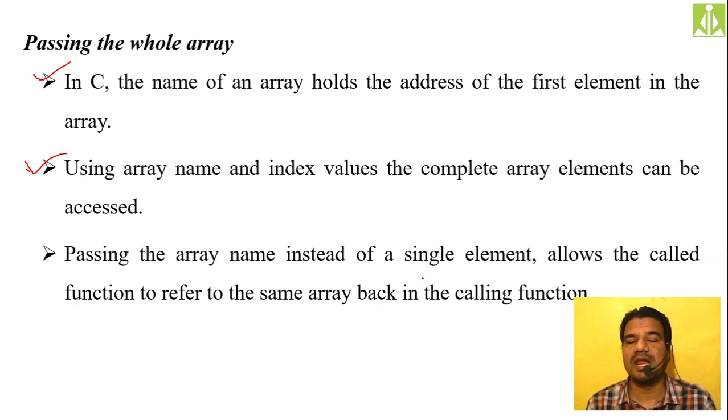So this is something like a call by reference mechanism. Whatever array name you pass gives the address, and if you receive that address inside the called function, using the first element's address it is possible to access the complete array.